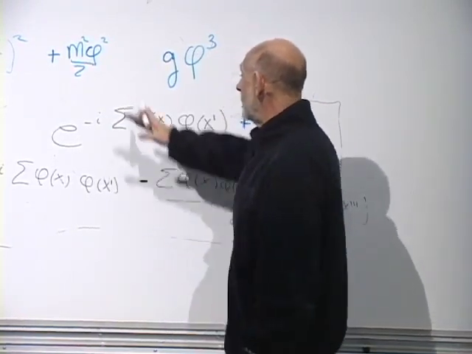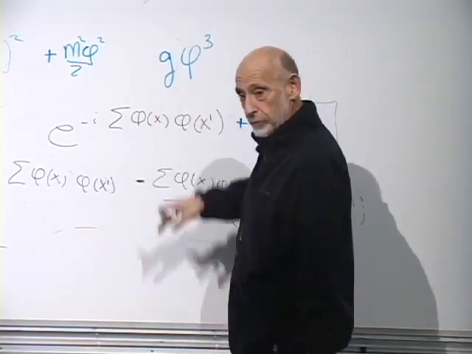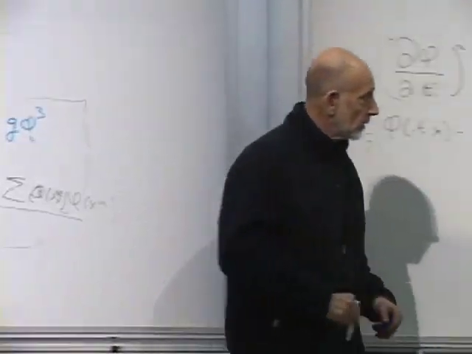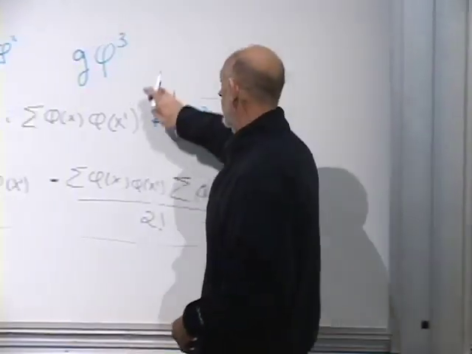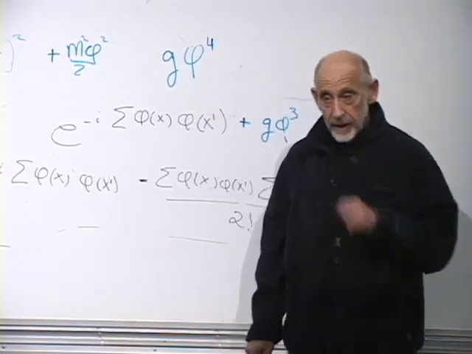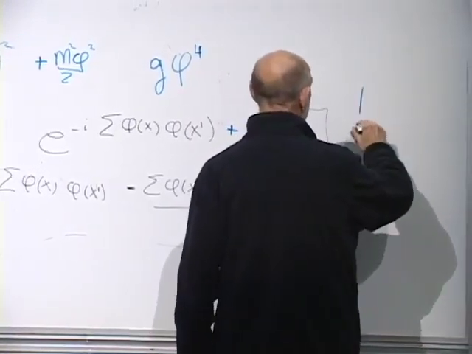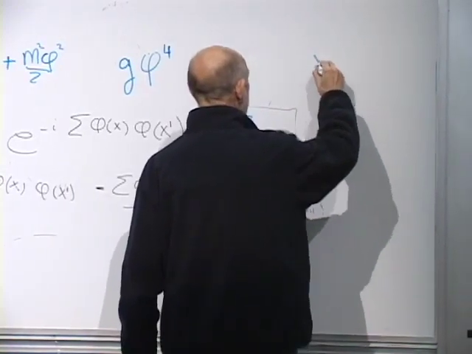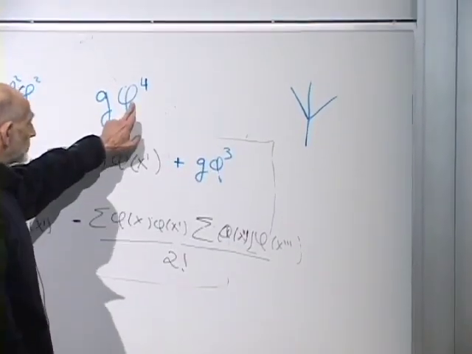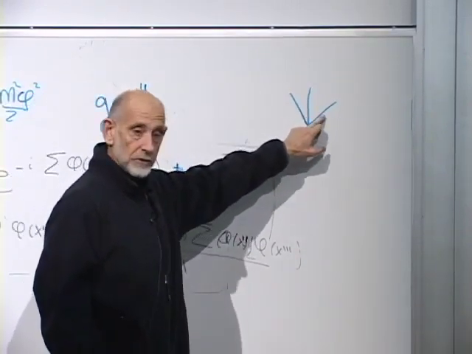Anytime you have more than two fields interacting, you have an interesting interaction process where particles can split and join and so forth. What would happen if you had phi to the 4th here, which is a perfectly good interaction? That would be some place where a particle, for example, could come in and break up into 3 other particles. You know, 1 to absorb the initial state, 3 to emit the final state.